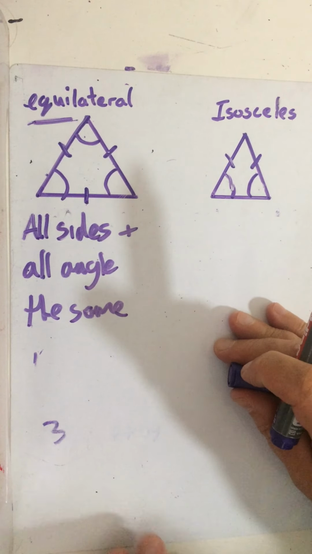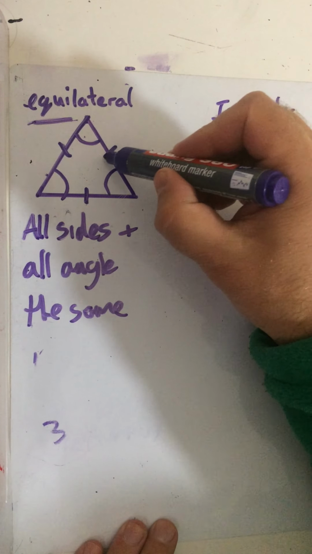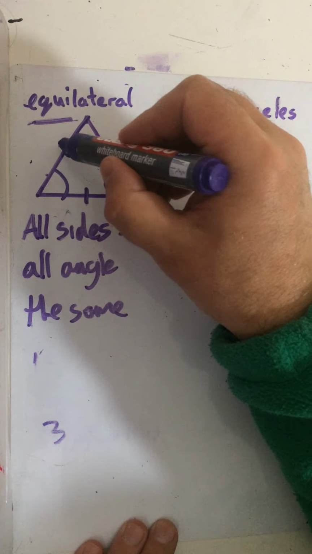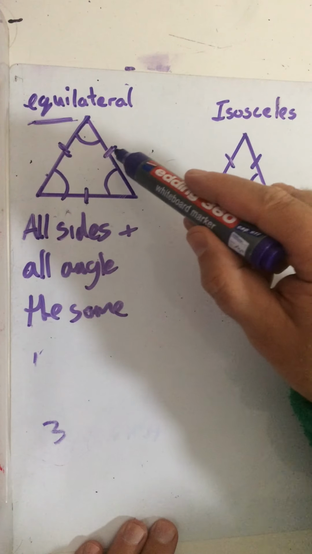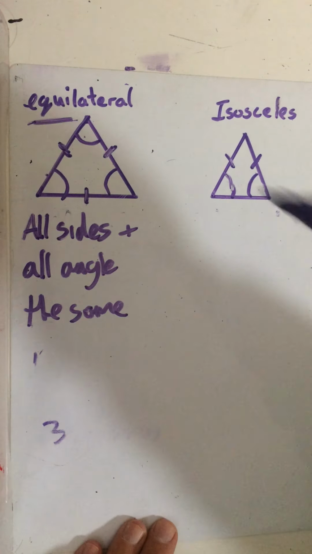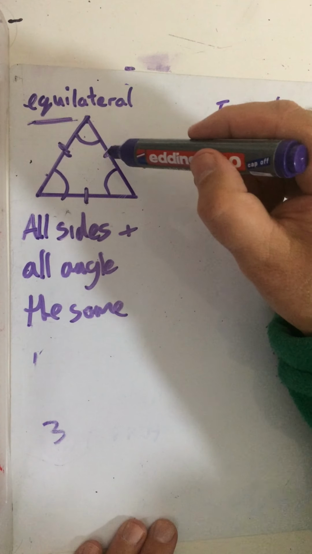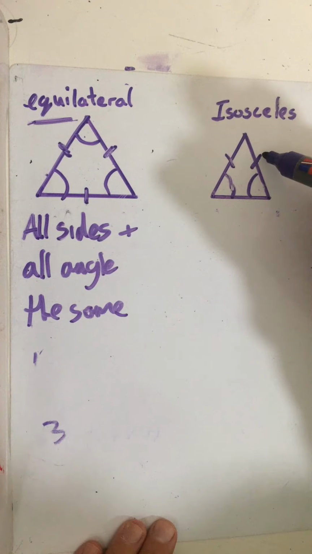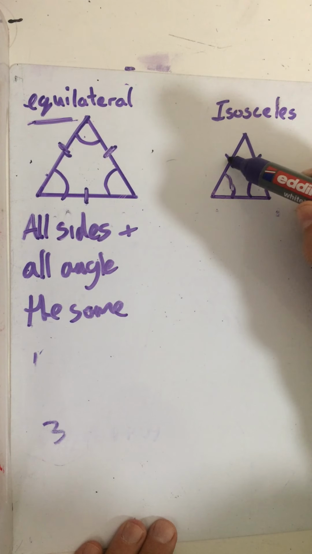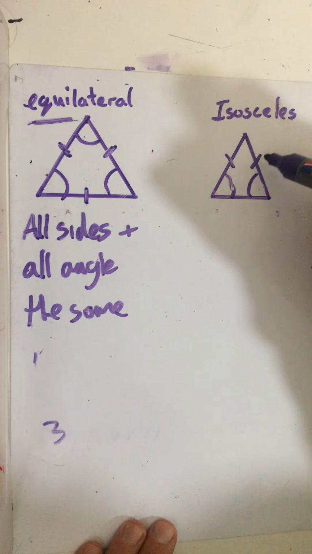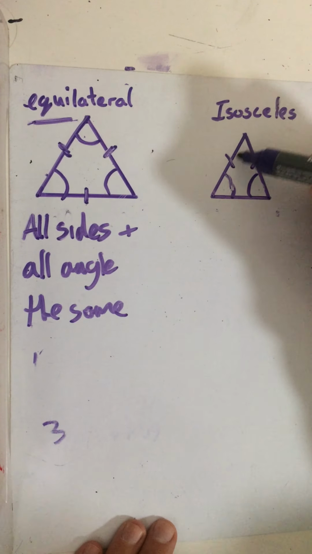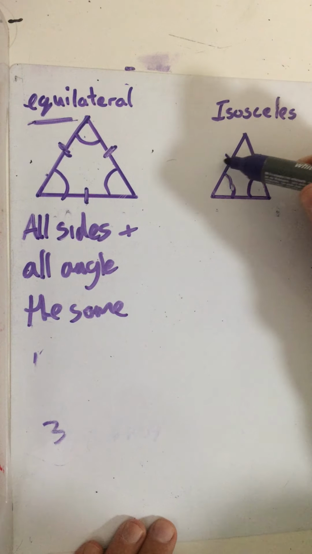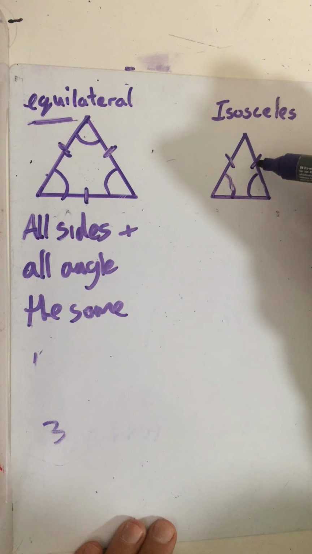Now with an isosceles, remember these lines tell us the sides are the same. We certainly did a little bit of that when we did quadrilaterals. So with an isosceles, these two sides are the same, and that means the corresponding angles are also the same.